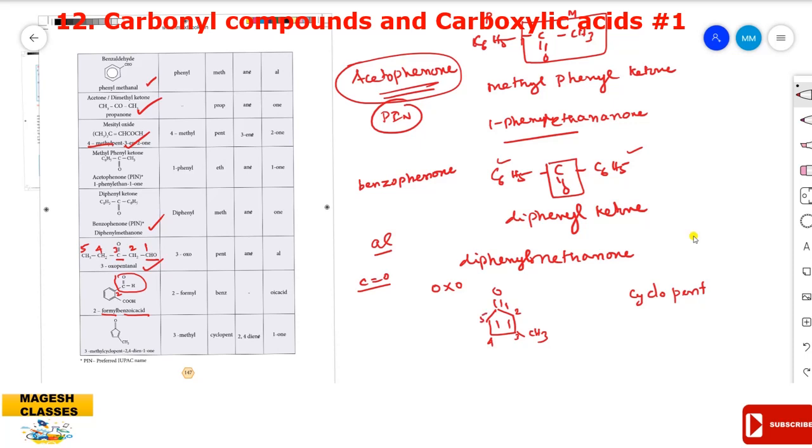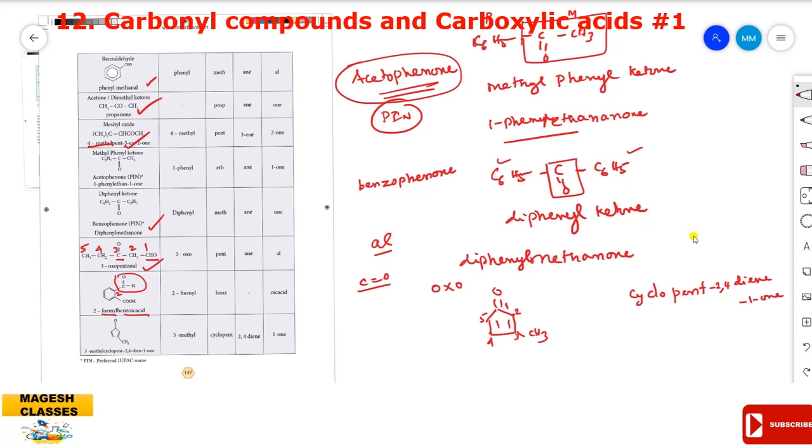So the double bonds are present between the 2nd and 3rd carbon and between the 4th and 5th. So cyclopentene. Here the 2 enes are there, so it is cyclopent-2,4-diene. And the one is present in the first carbon. So it is cyclopent-2,4-dien-1-one.